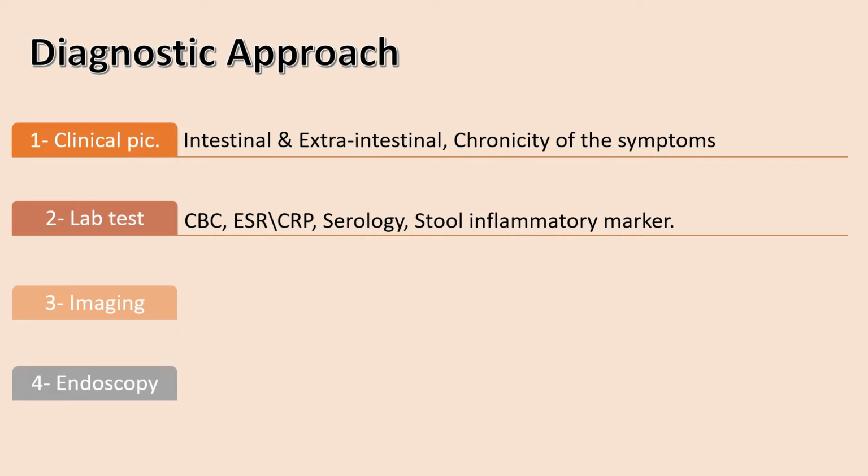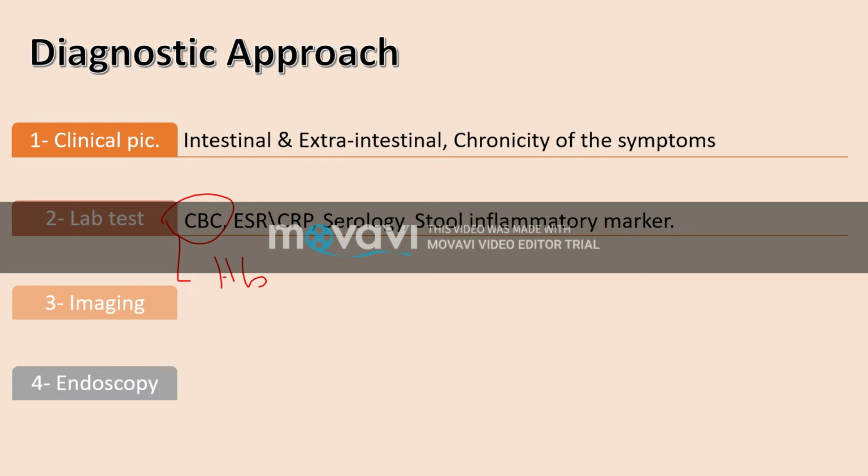So you start by CBC. You have the hemoglobin in the CBC, WBCs, and platelets. Platelets and WBCs are inflammatory markers, so they're expected to be elevated in case of IBD.